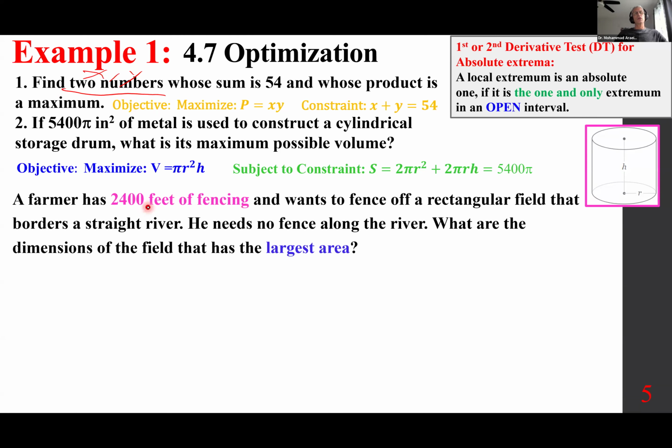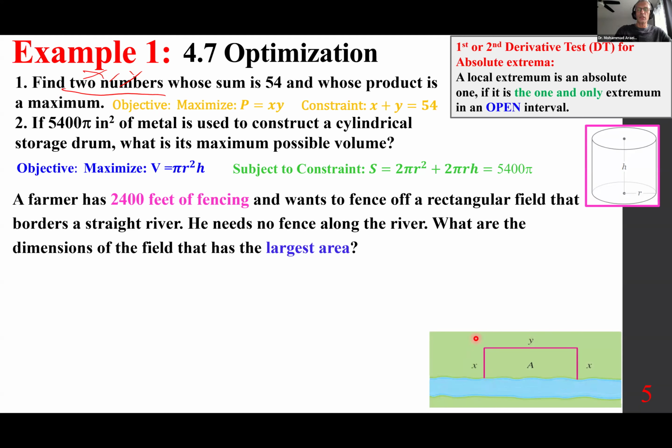A farmer has 2,400 feet of fencing and wants to fence up a rectangular field that borders a straight river. He needs no fence along the river. What are the dimensions of the field that has the largest area? So again, you have to draw the setting and define your variables.